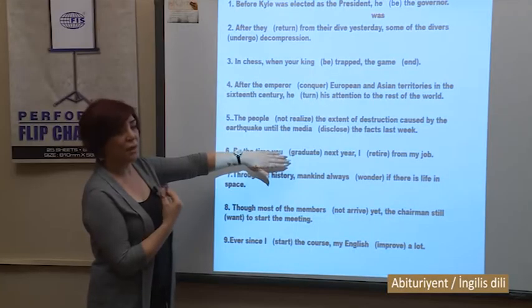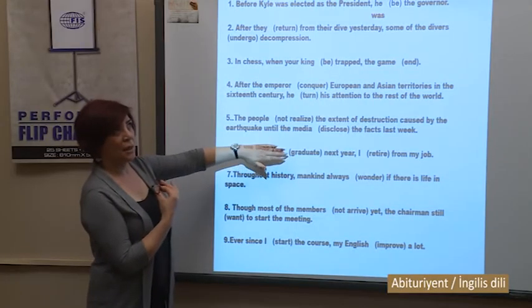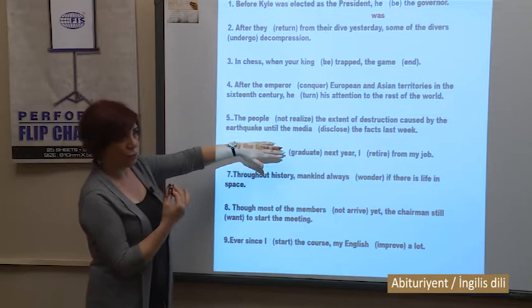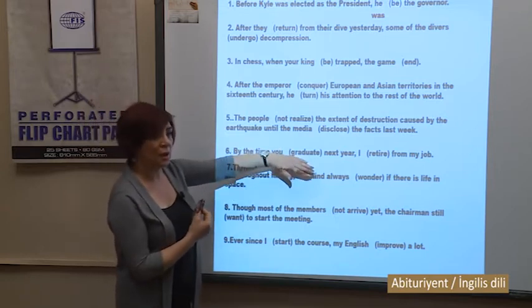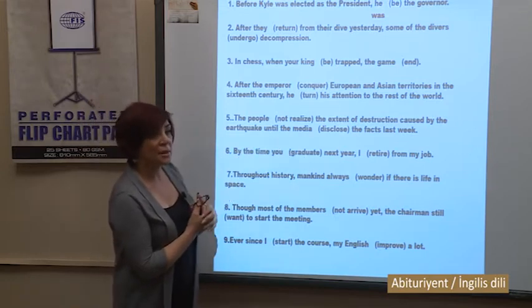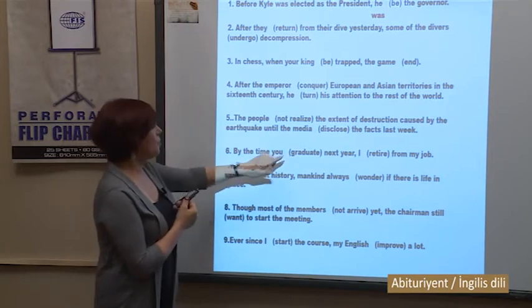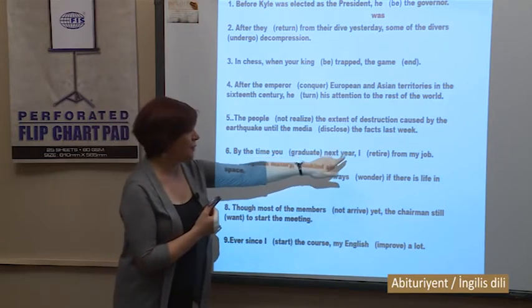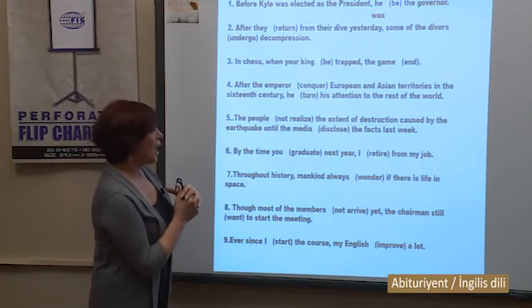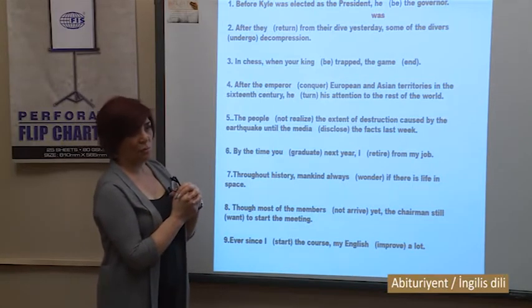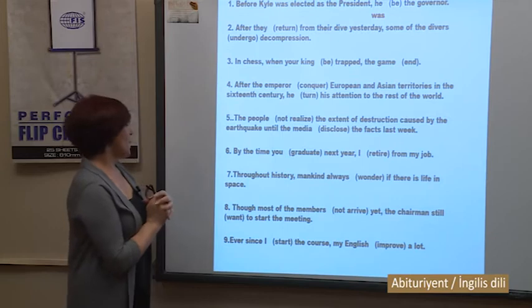If our main sentence is one of the present tenses or future, our adverbial clause of time is always in the present simple. By the time you graduate next year, and what about from my job, we'll speak about future perfect tense. I will have retired from my job. The next sentence.